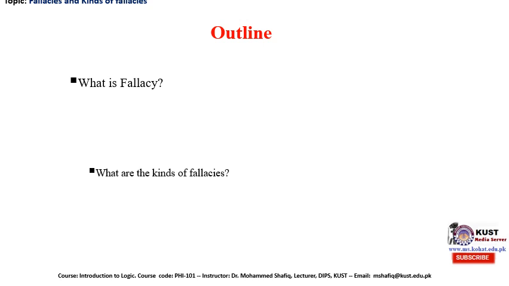Sometimes an argument seems to be valid and sound, but in reality it is not so. It involves a violation of some rule of logic which is not apparent and which can be detected only when closely examined.